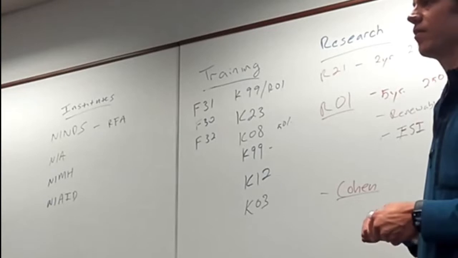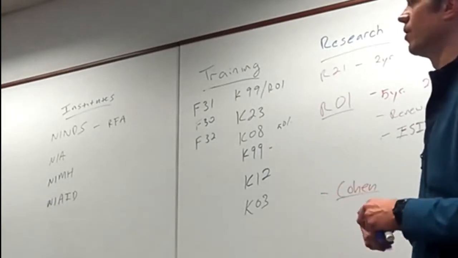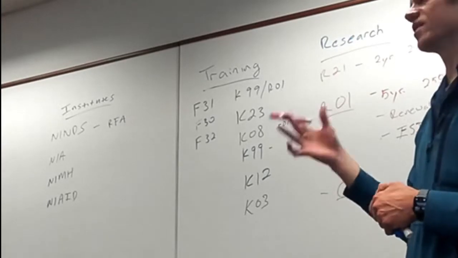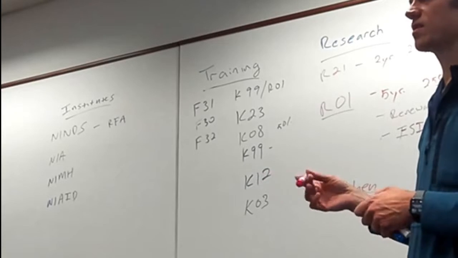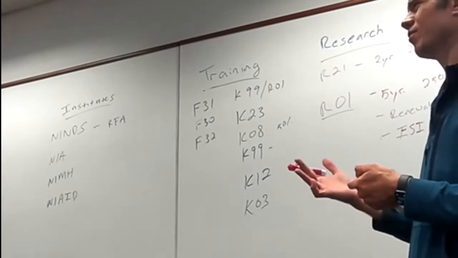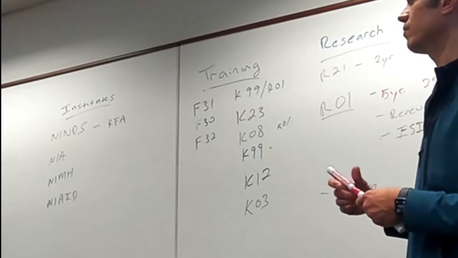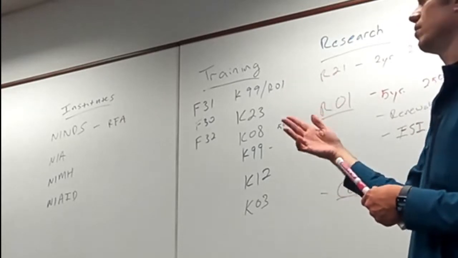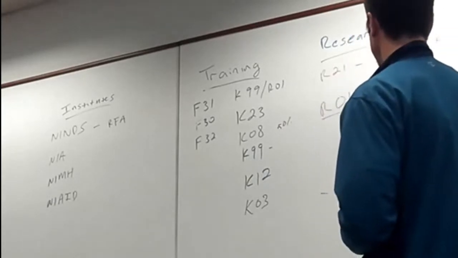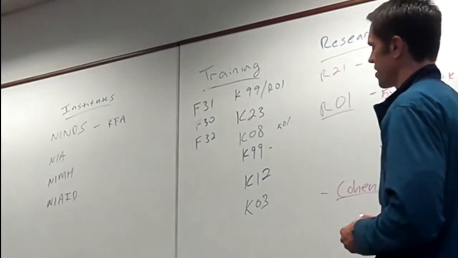So if you have the goal of being the principal investigator, you have to be careful about getting wrapped into all these co-investigator awards, because then the stuff that you may or may not be doing doesn't really help you as much in your career, and it can take away some of the data or the time that you would have available for research. But what you want is to be an R01 or something like an R01 as the PI, the principal investigator, for the reasons that I mentioned.